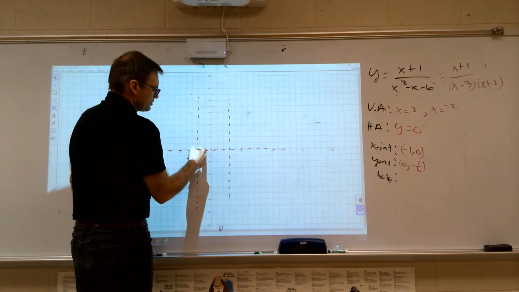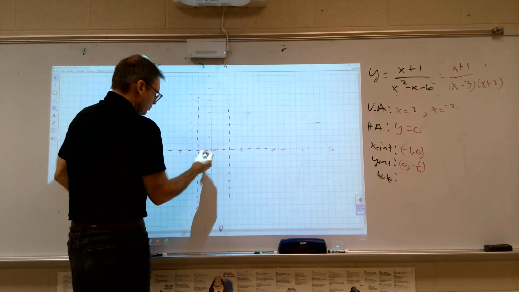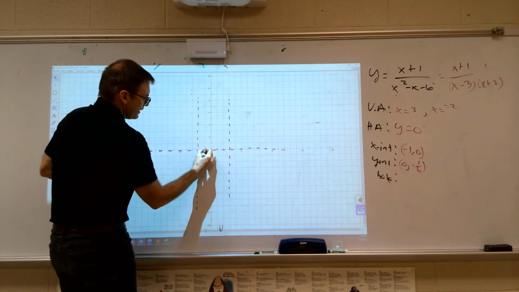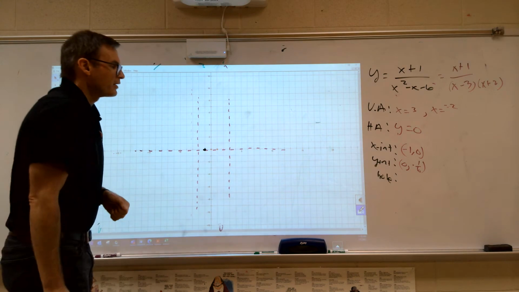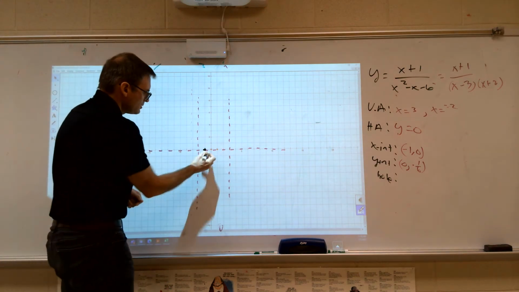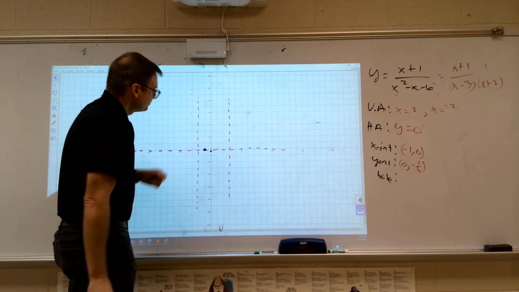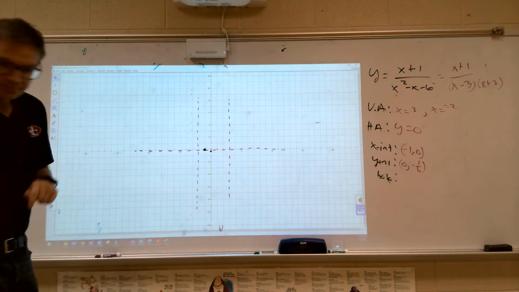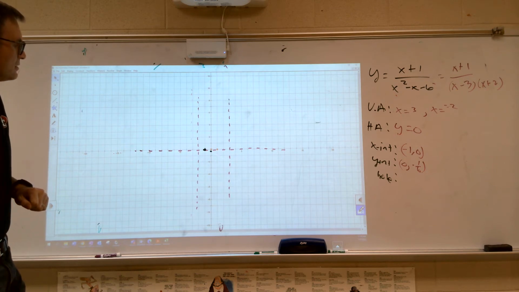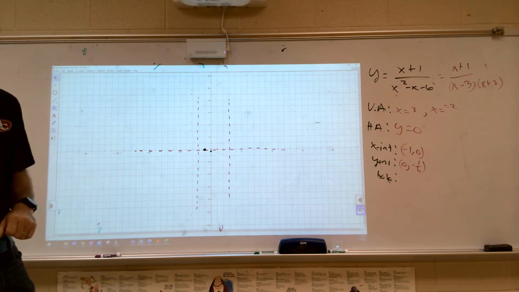So I've got an x-intercept at negative 1, 0. I'm going to put that in black so it hopefully sticks out. We've got a y-intercept at 0, negative 1/6, so that's like here.